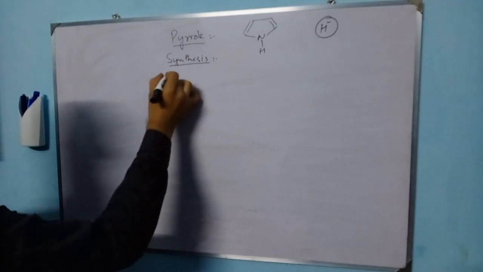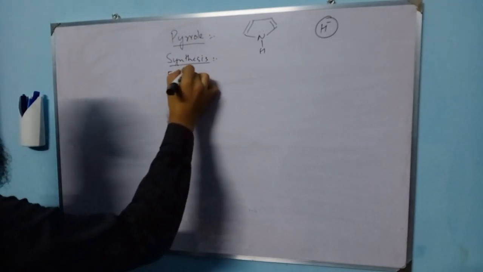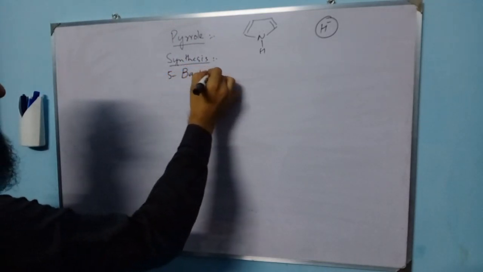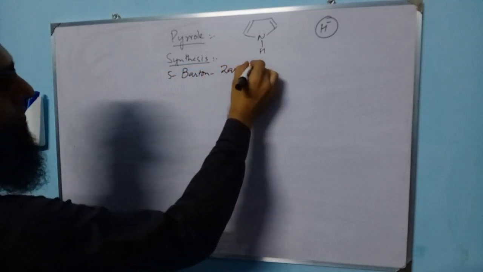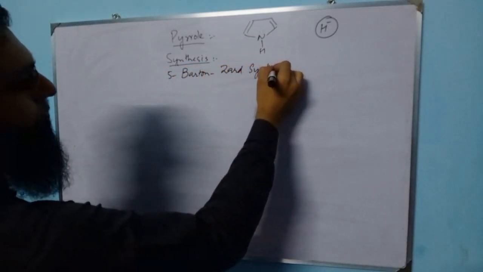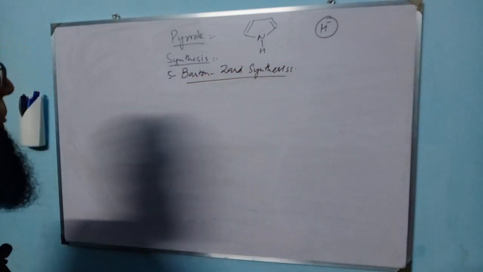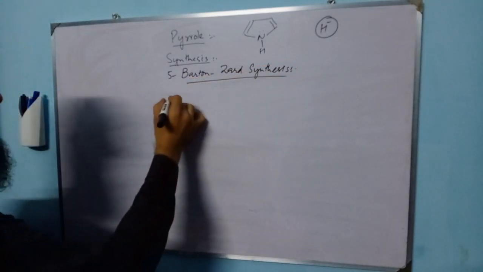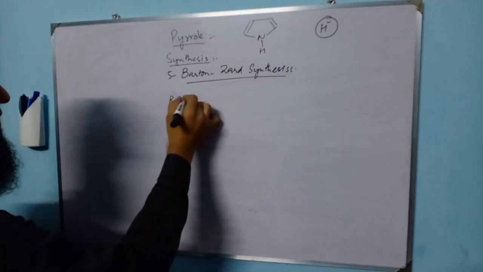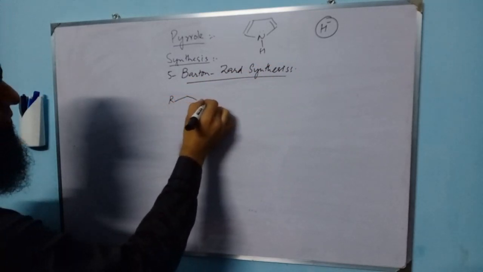Last method to prepare pyrrole derivative is Barton-Zard synthesis. In this case, isonitriles are used with alpha hydrogens.